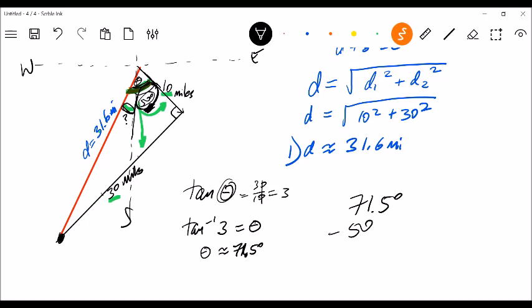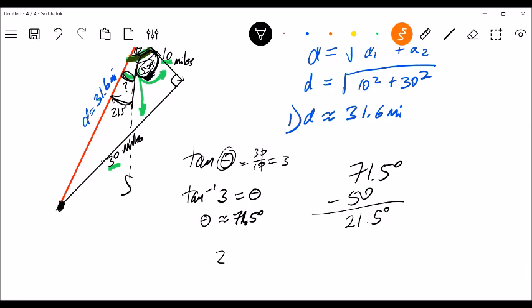So subtract 50, and we get 21.5 degrees. And that's coming from the south. That's this angle here. So it's the south going to the west. So it's south 21.5 degrees west. So that's what I want to put for my second answer. South 21.5 degrees west.